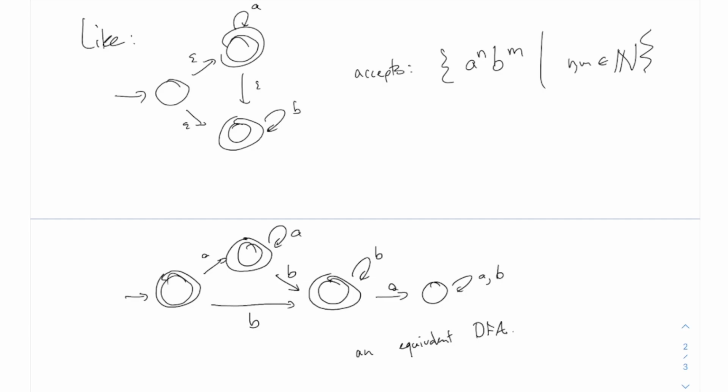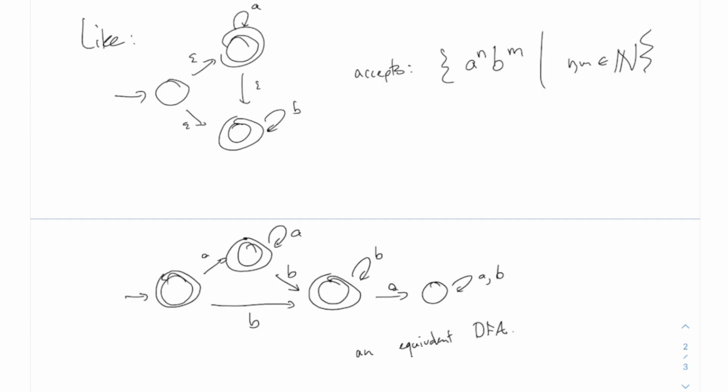You can tell in this example, the answer is not really going to look like the first one. It might have a different number of states. It certainly is going to be a DFA, so it cannot use epsilon, so they will be quite different. Yeah, so that's what we're going to do.